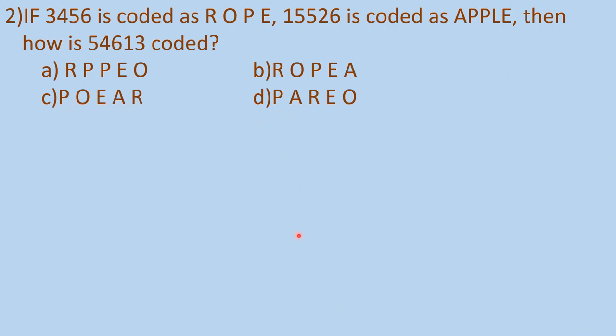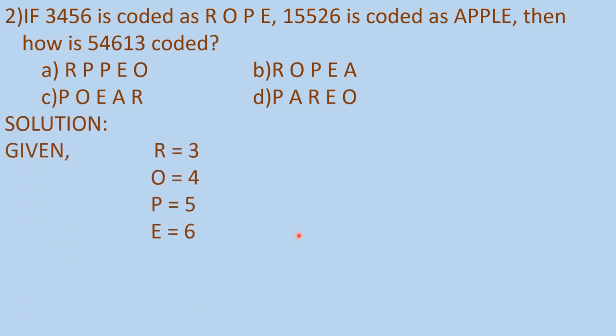So first of all, we will see what is given to us. ROPE: R stands for 3 here, O stands for 4, P stands for 5, and E stands for 6.